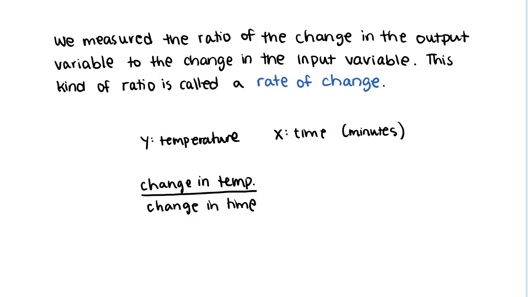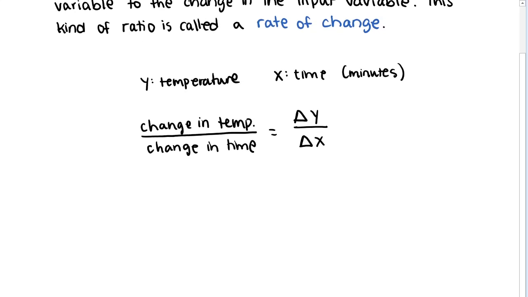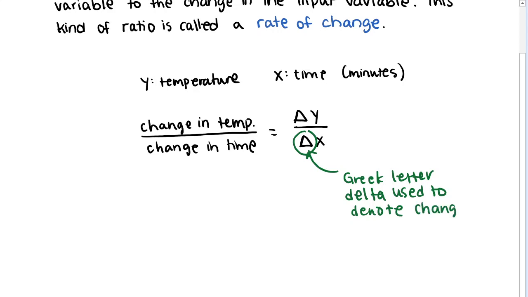And so here we might write this as, we'll use a special symbol, it's kind of this triangle here, it's the Greek letter delta. And we use that to represent the idea of change. So here, we might say that the change in temperature divided by the change in time, we might write that as delta y divided by delta x. So this symbol delta, this is the Greek letter delta, and it's usually used to denote change.